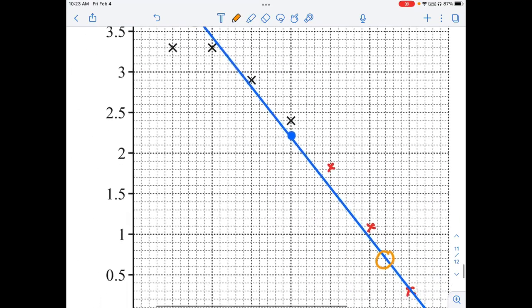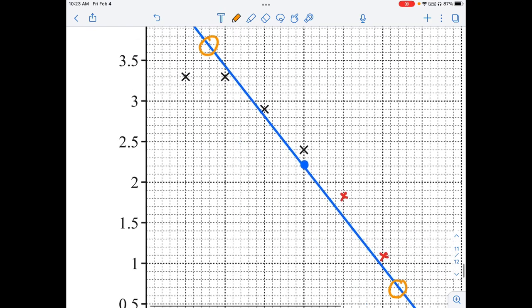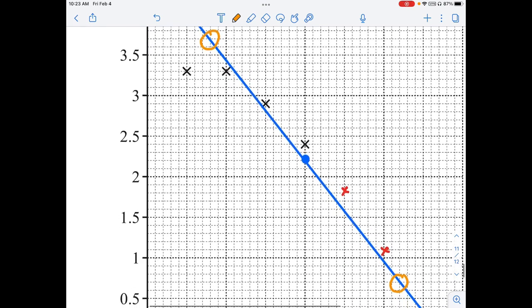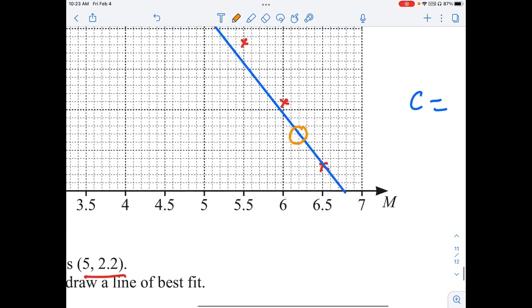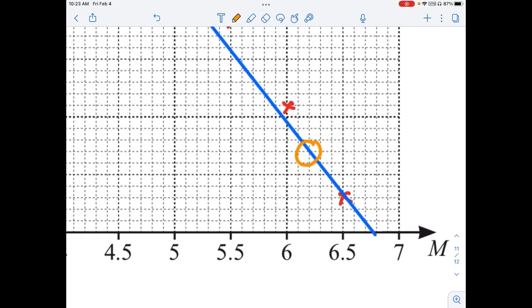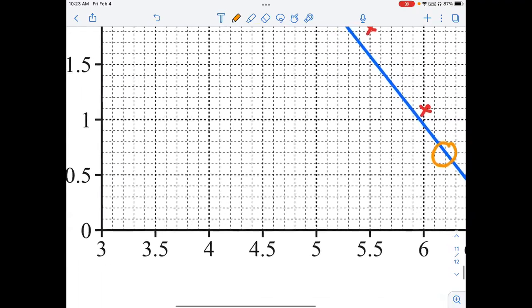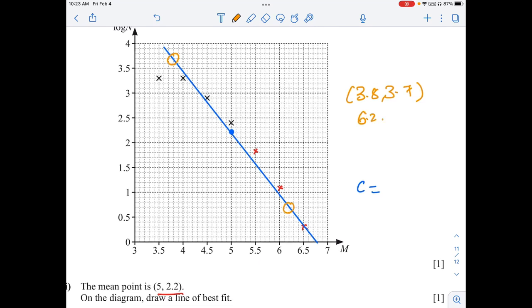So this point is 3.8 comma 3.7, and this point will be 6.2 comma 0.7. So the gradient is y2 minus y1 by x2 minus x1, 6.2 minus 3.8.